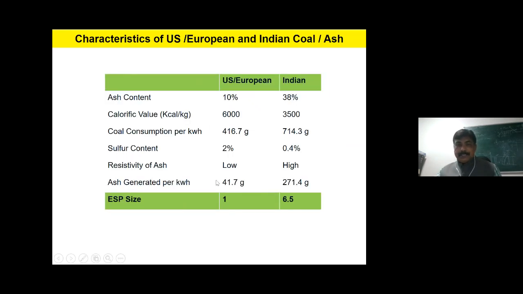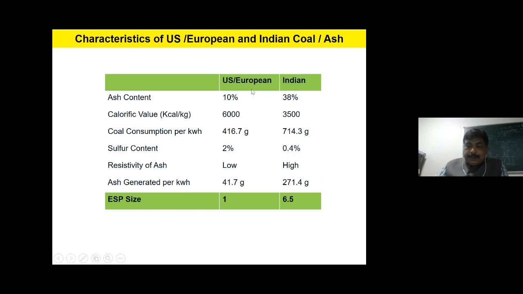Now, this I think should be the last slide, which you should know, it's very important. Let's compare US and European coal power plants versus Indian power plants. Indian coal has an ash content of less than 34%. This 38% I wrote when I wrote this paper 20 years ago.